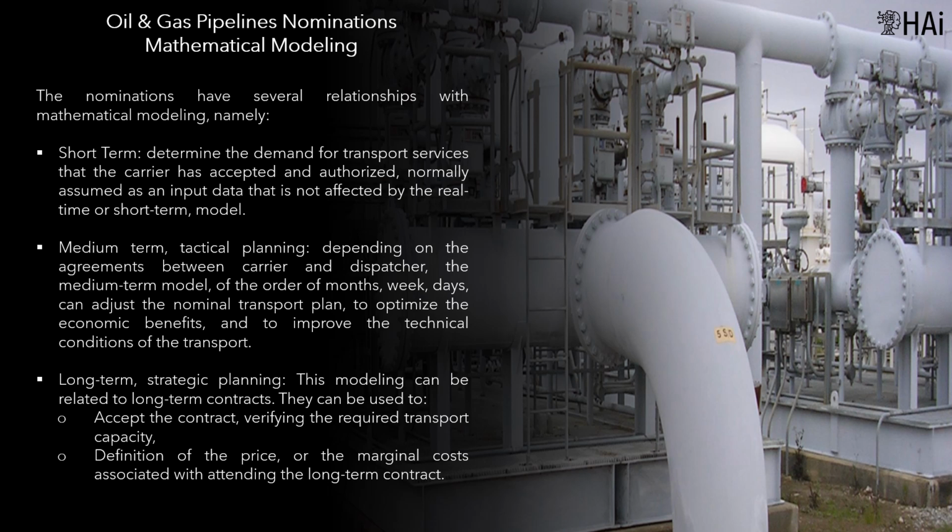Long-term, strategic planning: this modeling can be related to long-term contracts. It can be used to accept the contract, verifying the required transport capacity, and definition of the price, or the marginal costs associated with attending the long-term contract.